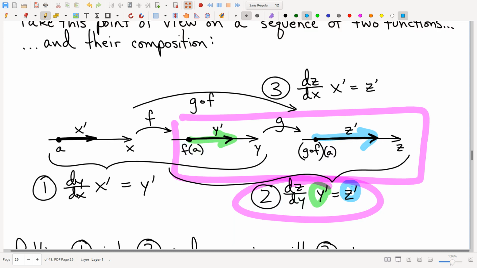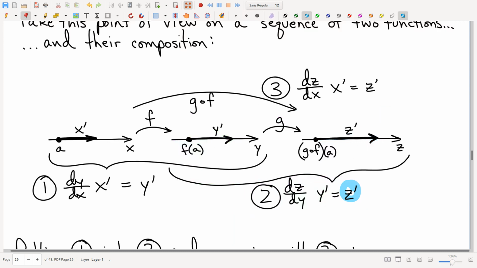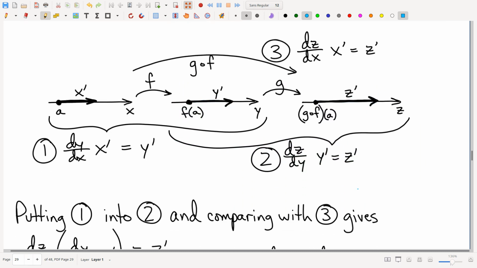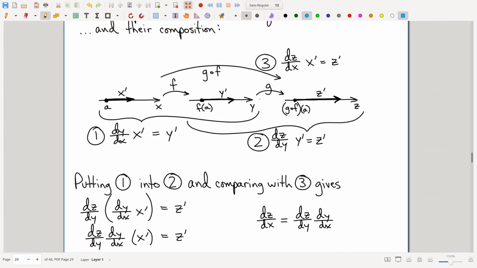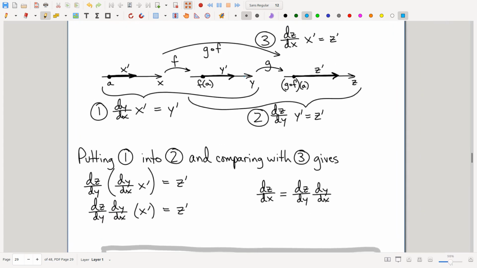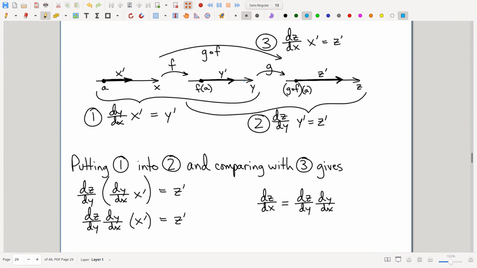I know there's a lot of arrows and a lot on the page, but ultimately this is just three examples of the above formula. So what I'm going to do to make the algebra work out is take this formula for y prime and put it in where that y prime is.